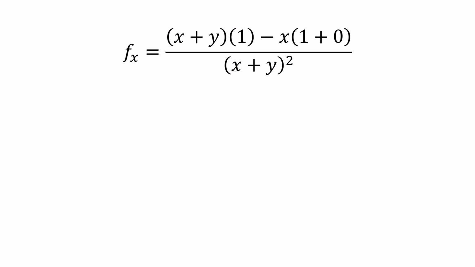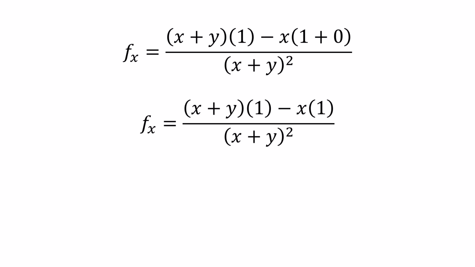Adding, we get f sub x equals x plus y times 1 minus x times 1 all over x plus y squared.